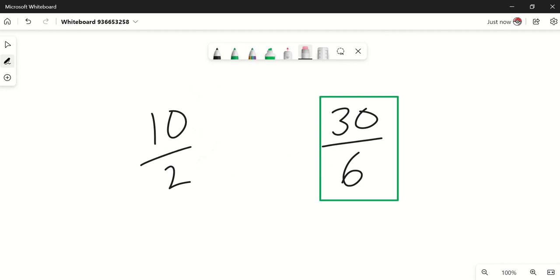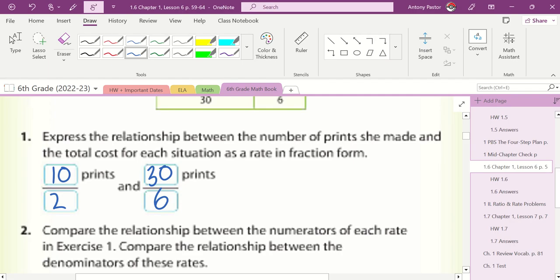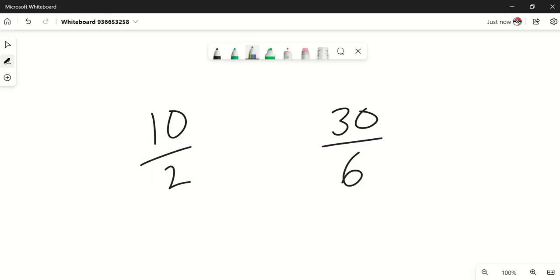The next step in our problem is they want us to find out how much we paid per photo. This is where we're going to do unit rate. Okay, let me back up. Not how much we paid per photo, but what was the unit rate. So the unit rate means I need to make one of these numbers 1. Always go with the lowest number. So I'm going to divide both of these by 2 to make this 1.